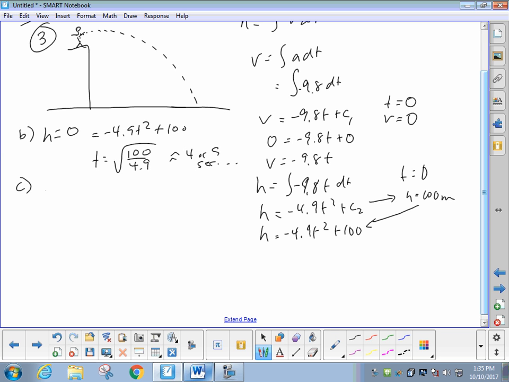The horizontal distance is how fast it travels horizontally times how much time it's in the air. Think of it as rate times time. You throw it horizontally at 20 meters per second, and it's in the air for 4 or 5 seconds, so I would expect it to travel about 100-ish meters. 83.16 meters before it hits the ground.